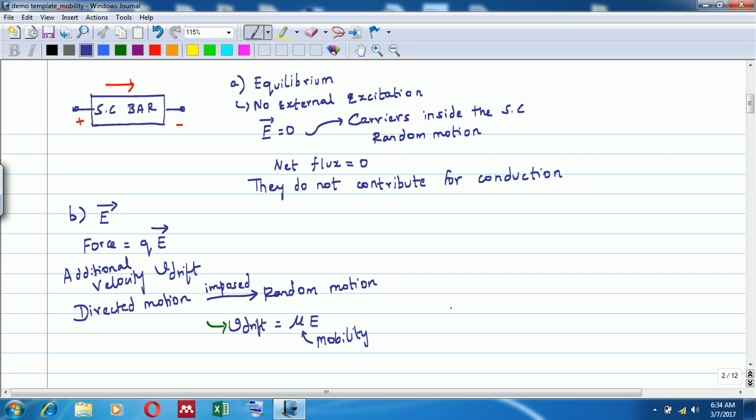Mu is the mobility, and what does mu signify? It signifies the ease with which the carriers can move. So higher the mobility, higher will be the drift velocity.